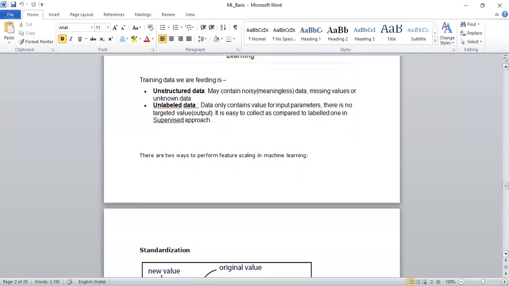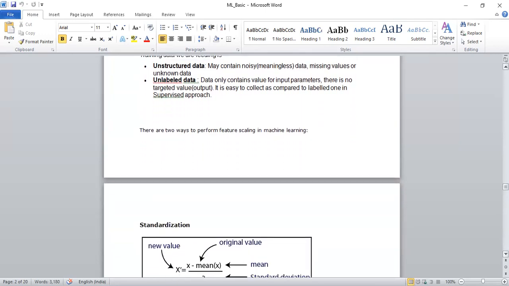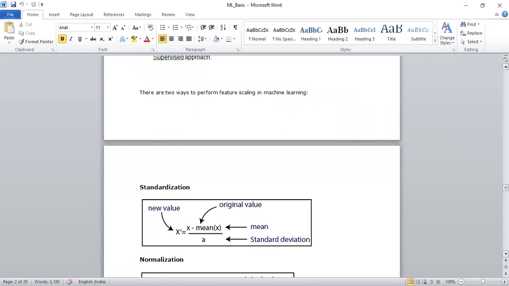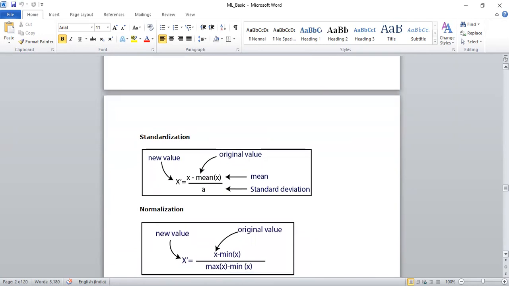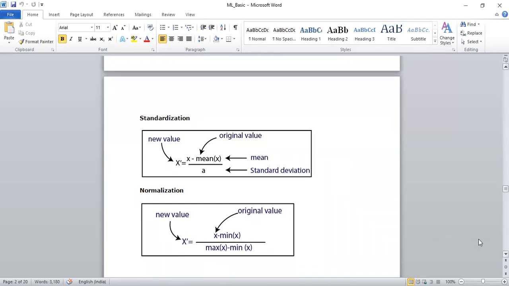There are two ways to perform feature scaling in machine learning. One is standardization: x minus mean of x divided by the standard deviation. Another is normalization, where the new value will be x minus the minimum value of x, divided by the range, that is, max of x minus min of x.